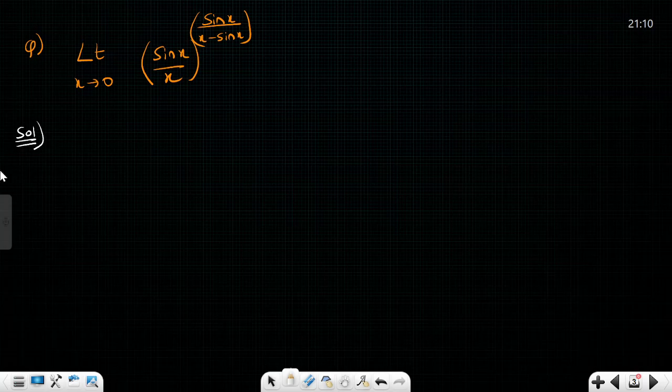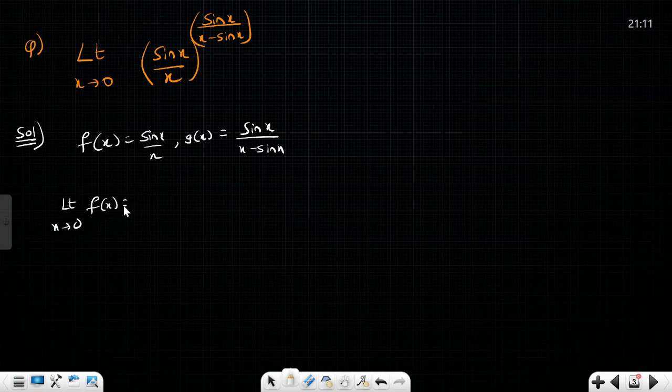Now see, what is f of x here? Sin x by x. What is g of x? Sin x by x minus sin x. So now if you just put limit x tends to 0 in f of x, that is limit x tends to 0 sin x by x, that is 1. So base is going towards 1.